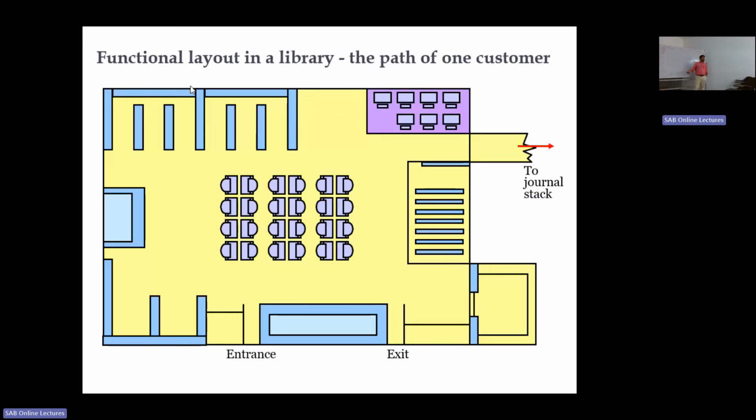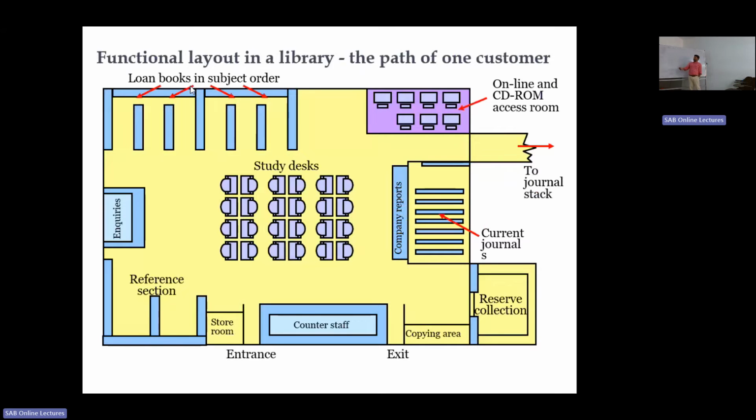It's also a typical functional layout, like what you see in a library. Now see, these are the different sections. This is the entrance. The counter staff is located here, and this is the reference section.